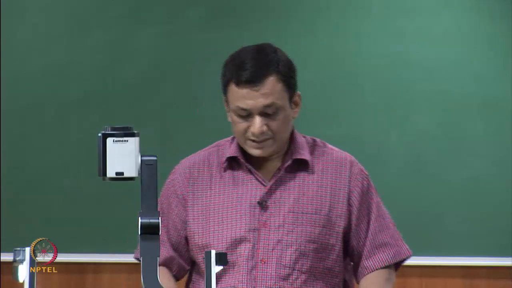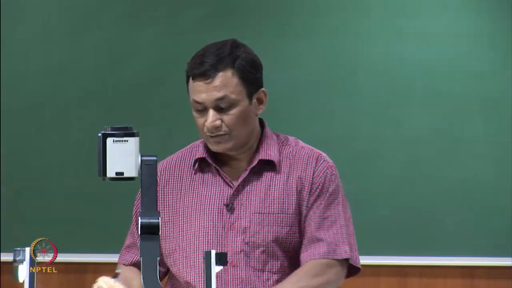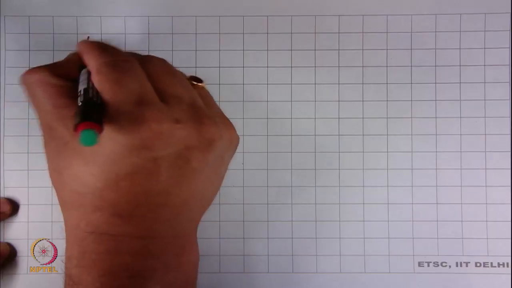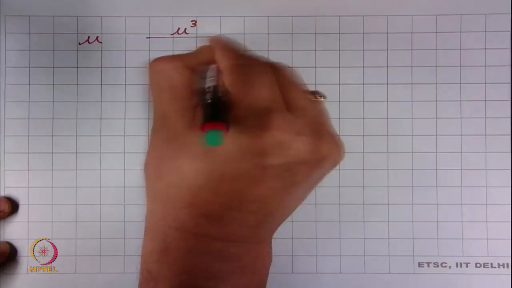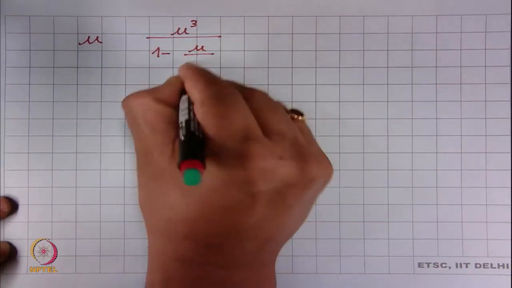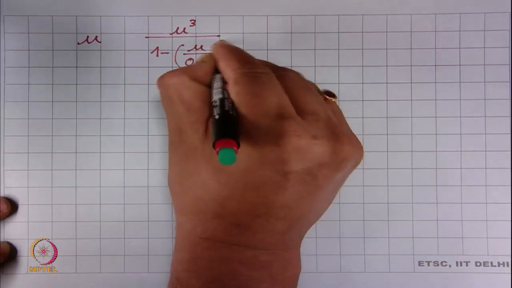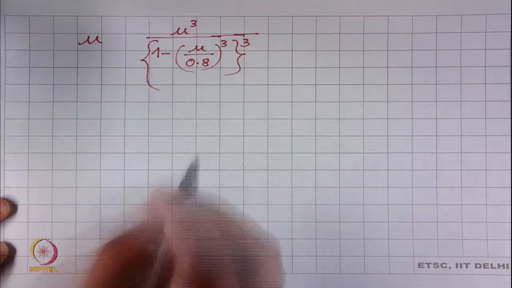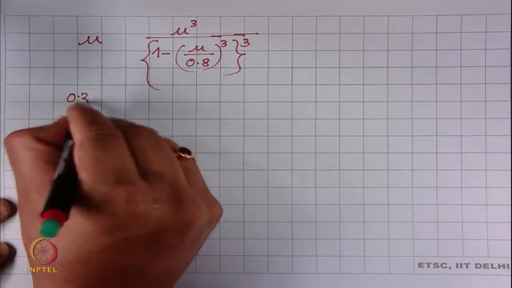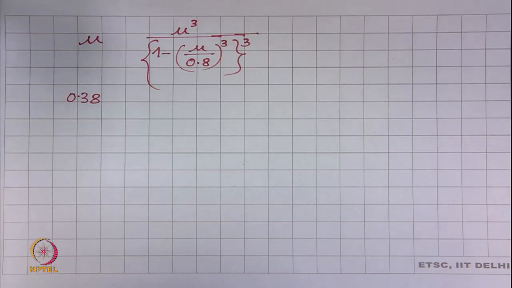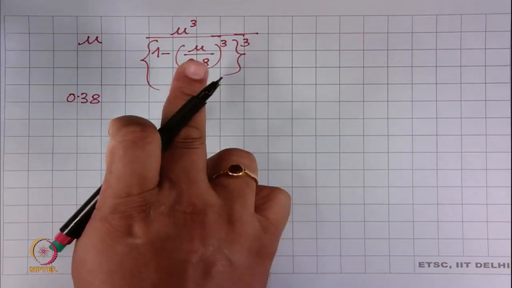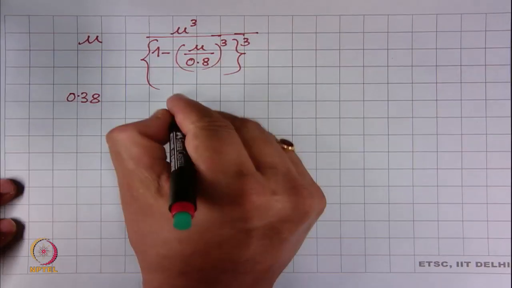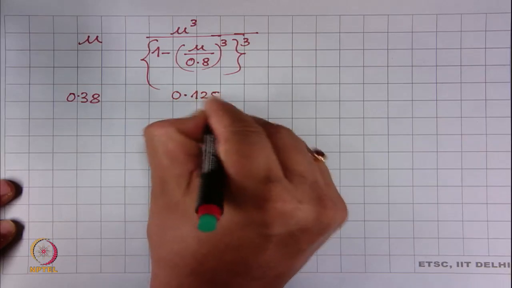What does that mean? Suppose beforehand you prepare a table where mu and this expression value are known to you. Suppose mu 0.38, okay. You substitute mu 0.38 here, you will find the value 0.1251.